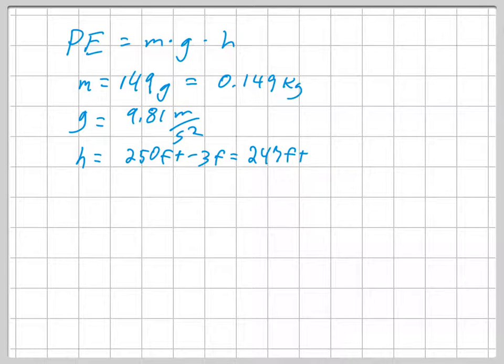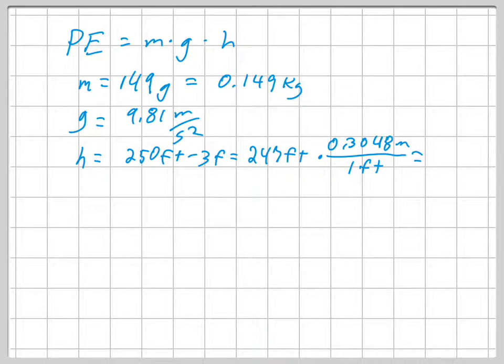However, we can't use feet. What do we have to use? We have to use meters. So 247 feet would be 0.3048 meters for every 1 foot. And the math on that would give us a height.